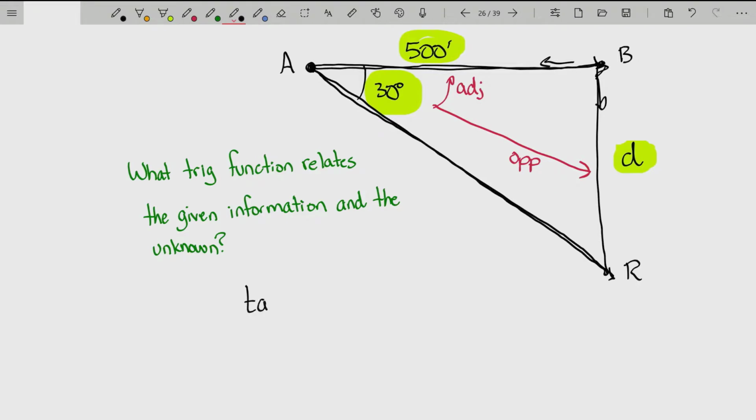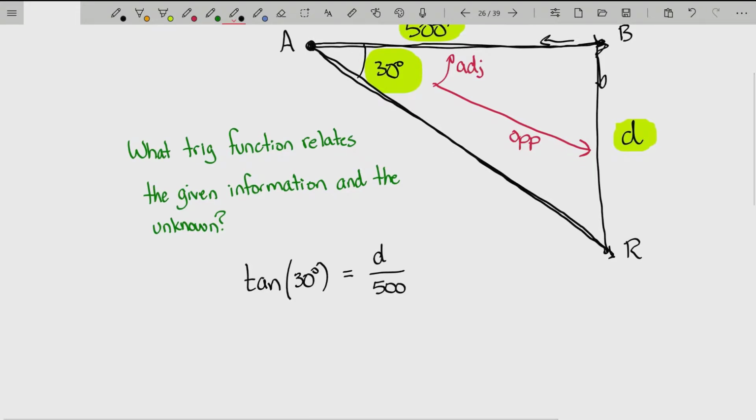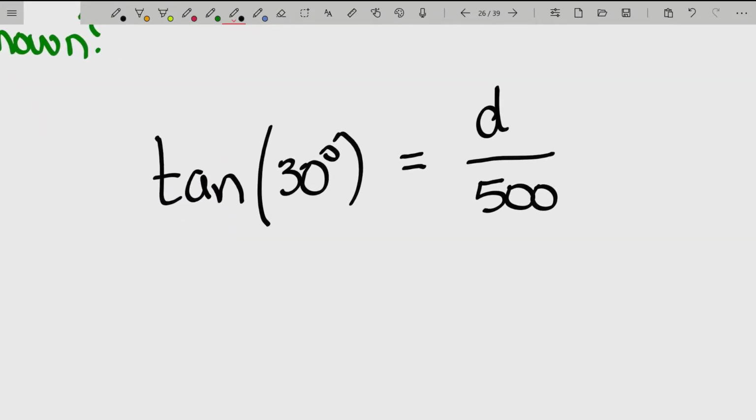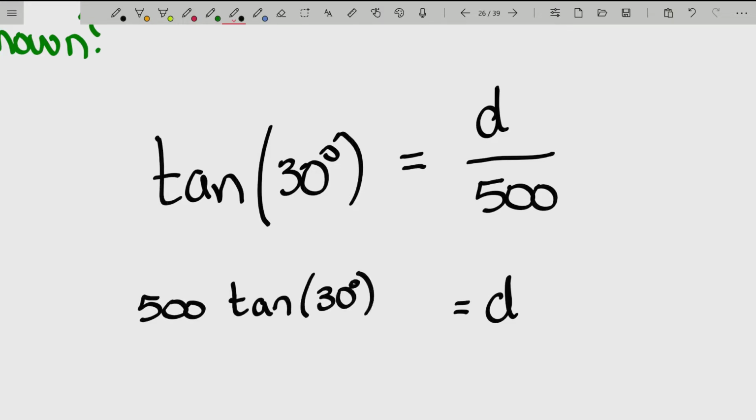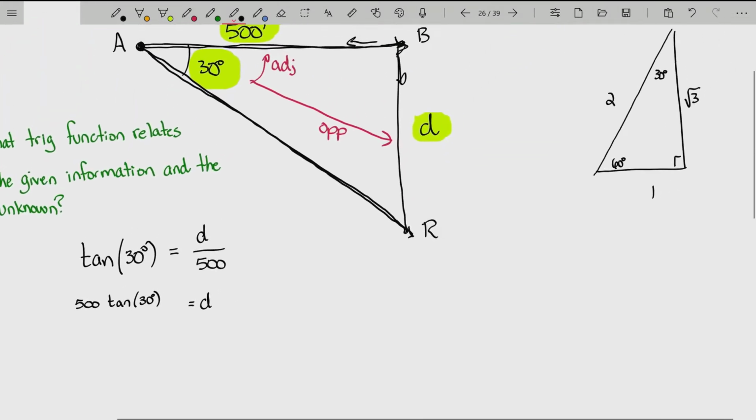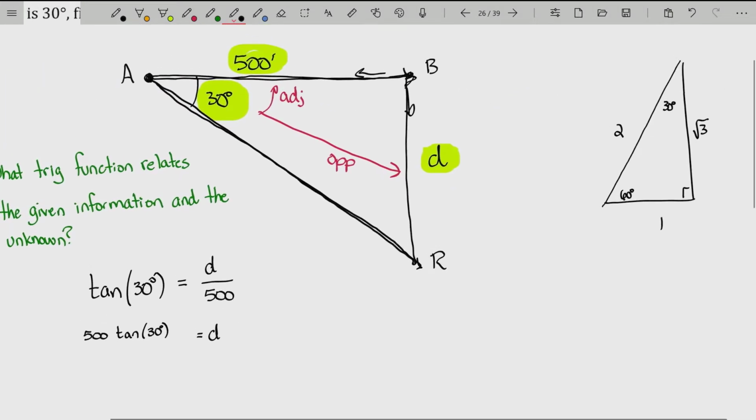So I'm going to say the tangent of 30 degrees should be opposite, which is D, divided by the adjacent, which is 500. Now notice I have an equation that has D in it. And I happen to be able to find tangent of 30 degrees, not by switching back to a previous page and looking for my previous work, but instead by just looking at this page and my triangle off to the right there.